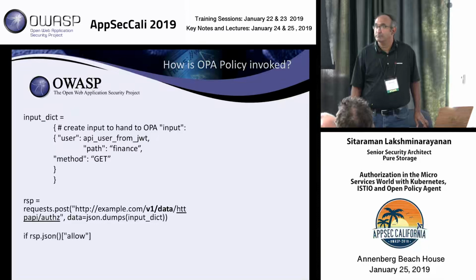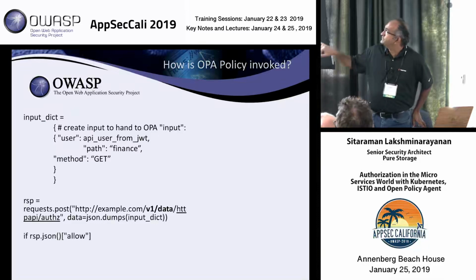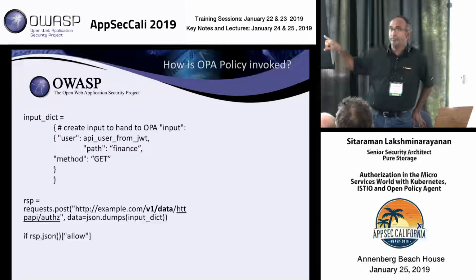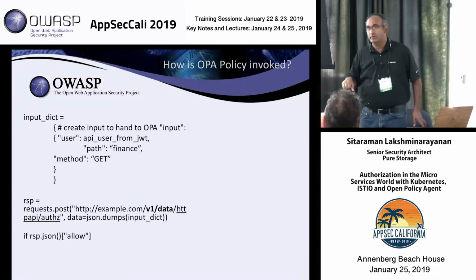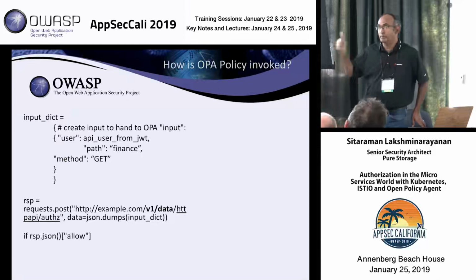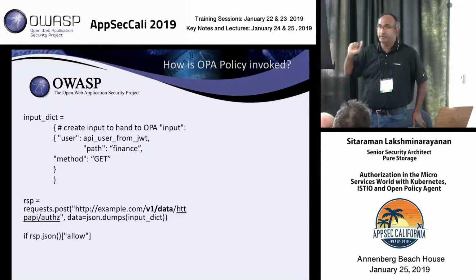So, is the JWT token already validated? I just want to know if the validation is already done before this. This is the input you're sending to OPA. So the assumption is that the authentication is something you have already done. Okay, so we take care of that with an HTTP filter, is what you're saying? Yeah, instead of the HTTP filter, you'll be replacing your HTTP filter with making an external call like this. So this code can go into your HTTP filter if you want. And then you're making the call.